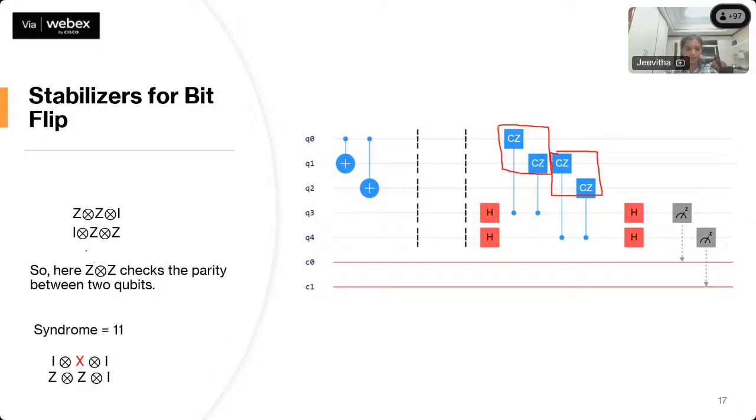So if you take this state which has error, and multiply with this stabilizer, they anti-commute. When they anti-commute, that's how we get to know that the state has error in it.